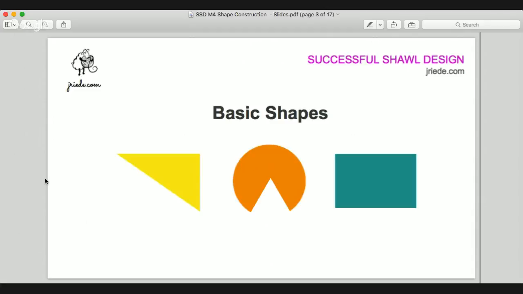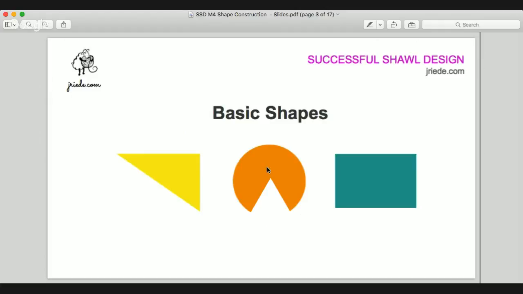In this case, it's a triangle including a 90-degree angle here on the upper right side. Basically, when knitting triangles, you can shape your angles freely by choosing the right increase rate, so to speak, which is described in detail in Shawl Design in Plain English as usual.